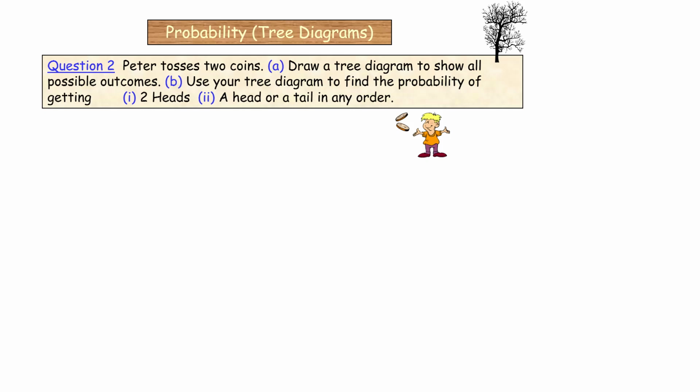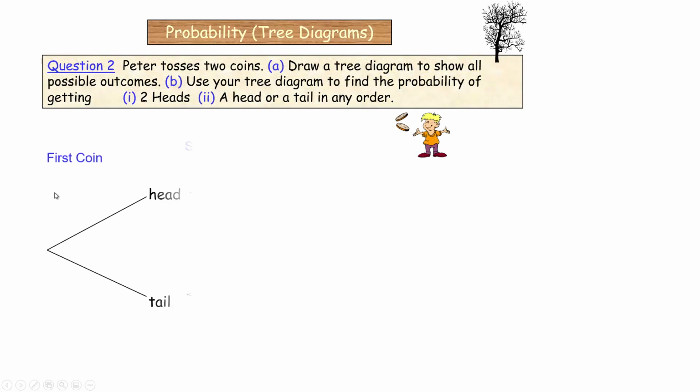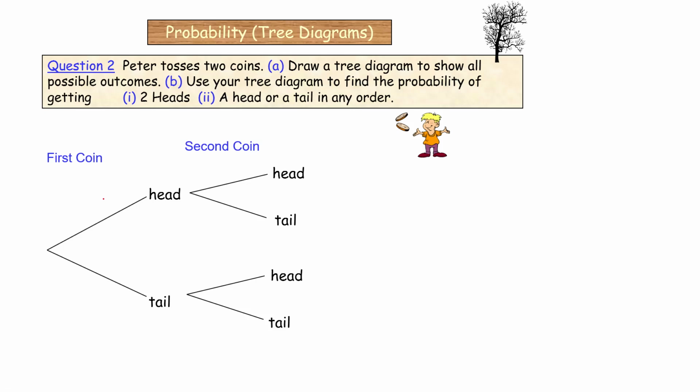Right, so we want to sketch this tree diagram. He's tossing 2 coins. So in the first coin, when he tosses that, the probability is going to be a head or a tail. And then he repeats that with the second option. So you could get a head or a tail. And then with the second coin, again, head or a tail. So we're going to say that it's an even coin. So the chance of getting a head is a half, the chance of getting a tail is a half.